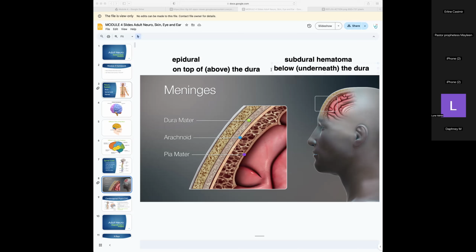If a patient, God forbid, falls, and let's say you're working at the nursing home, that was my first nursing job, and you suspect that they hit their head, you let the doctor know, and the doctor says, okay, let's call an ambulance and have them sent to the hospital so they can do a CT of the head and rule out brain injury. And then they say the patient has a subdural hematoma. Are they bleeding on top of the dura or underneath it?